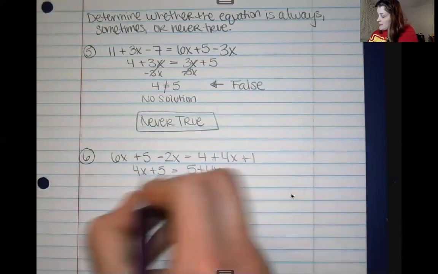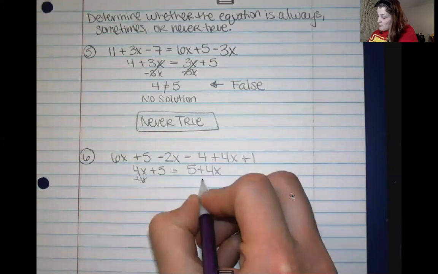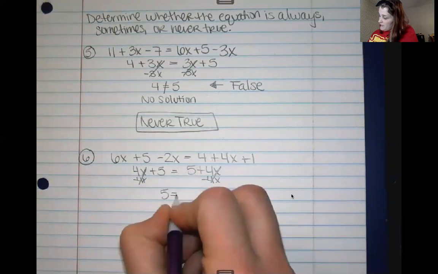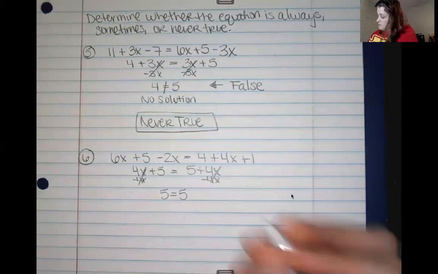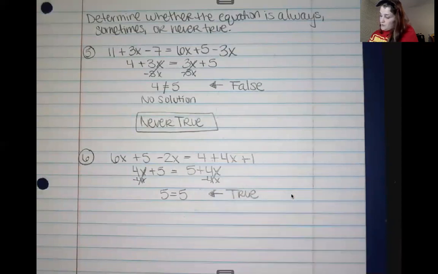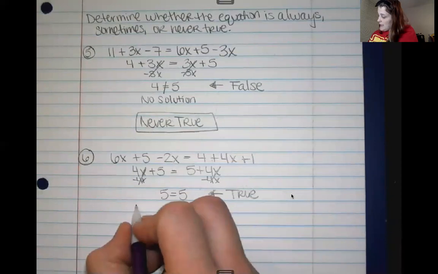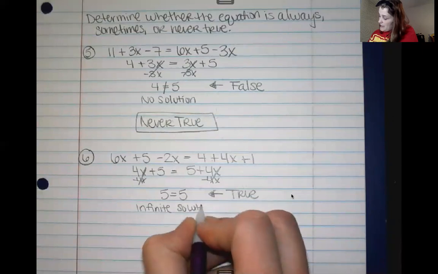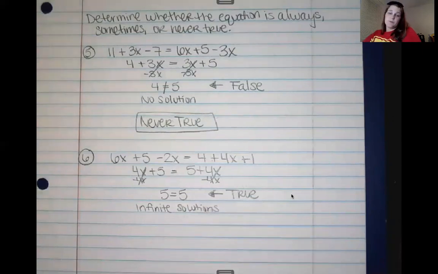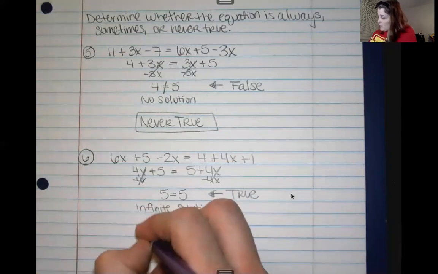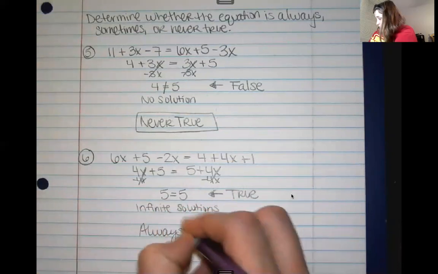If I simplify and subtract the 4x from both sides, I'm left with 5 equals 5, which is true. So therefore, what that means is that we technically have infinite solutions, meaning any value that you substitute for x would work. So in the reality of the question, that means that this is always true.